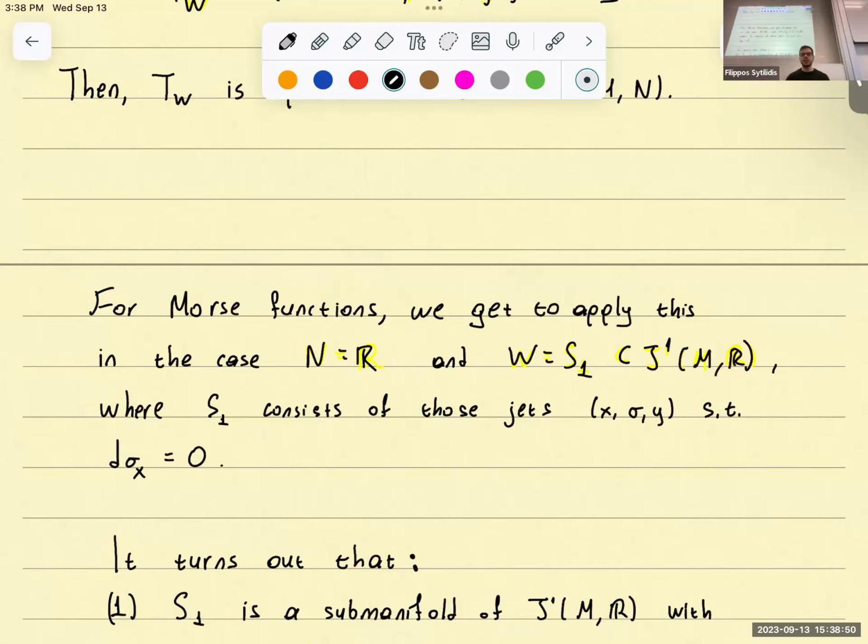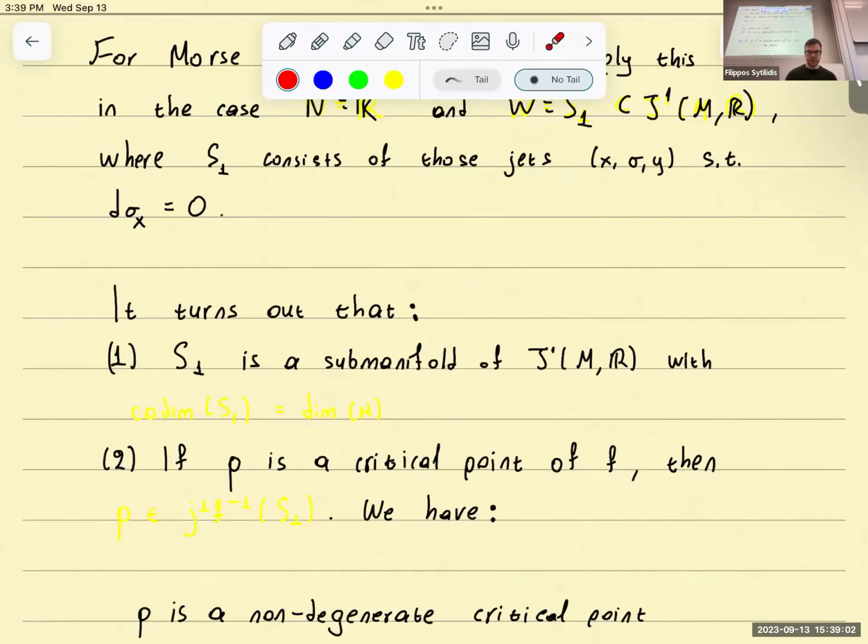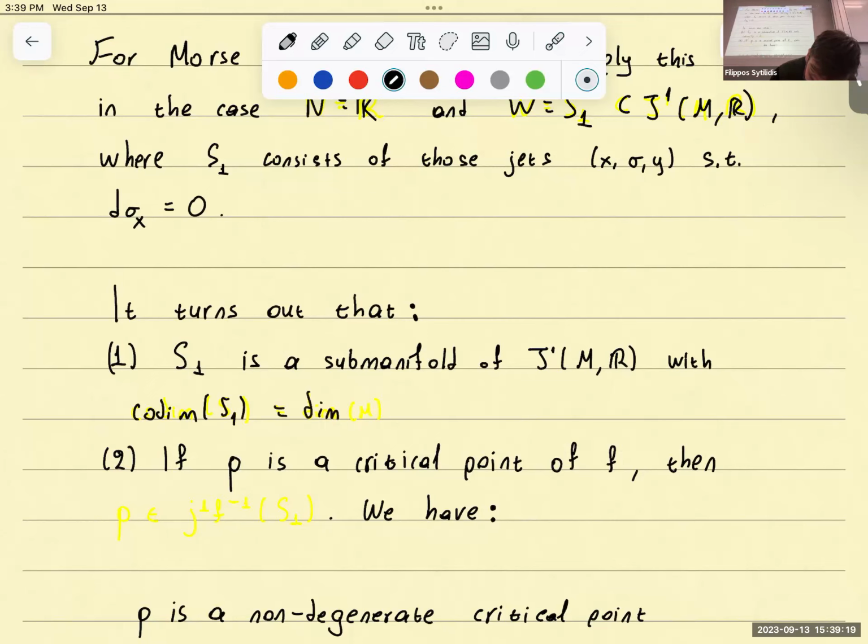It consists of all those jets whose derivative at the point x is 0. There are two things that come up here. One is that S1 is a submanifold of J1, and the codimension of S1 is equal to the dimension of M.